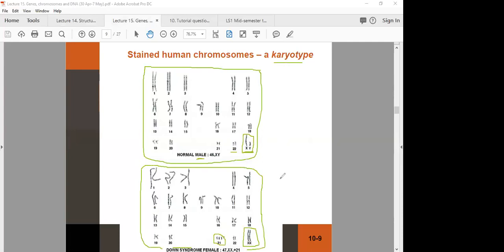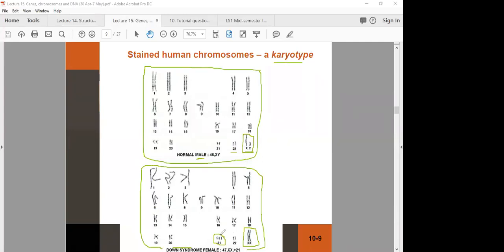So, of course, being able to replicate chromosomes precisely every time a cell divides to produce two new cells is critical, super critical. 1 mistake and this is what can happen, an additional chromosome.